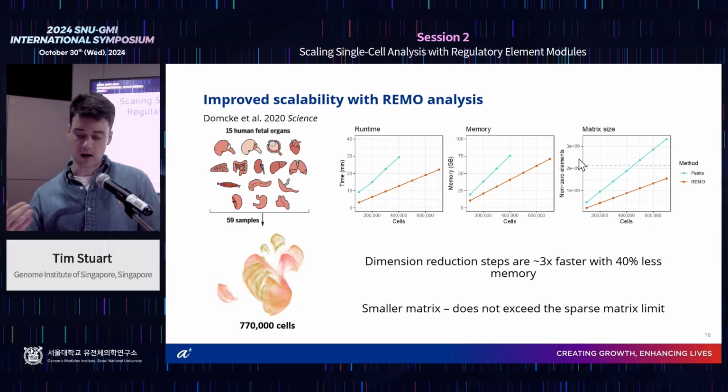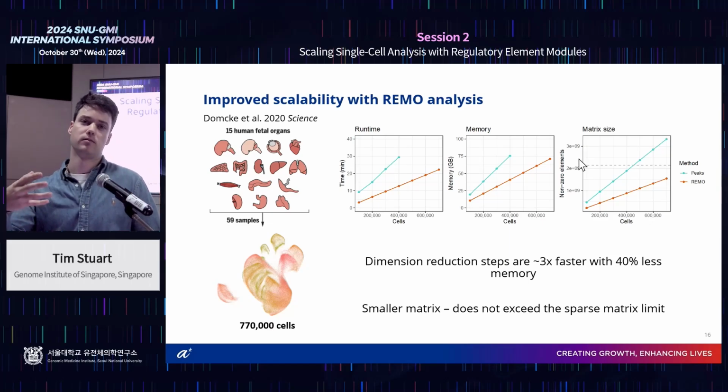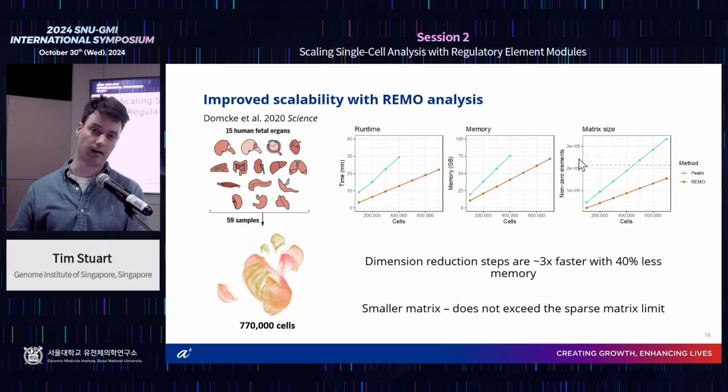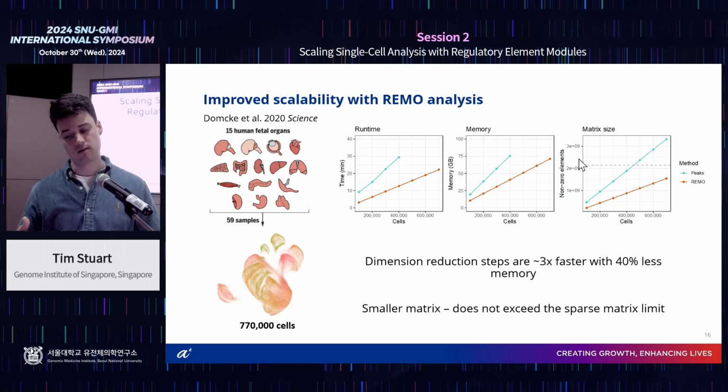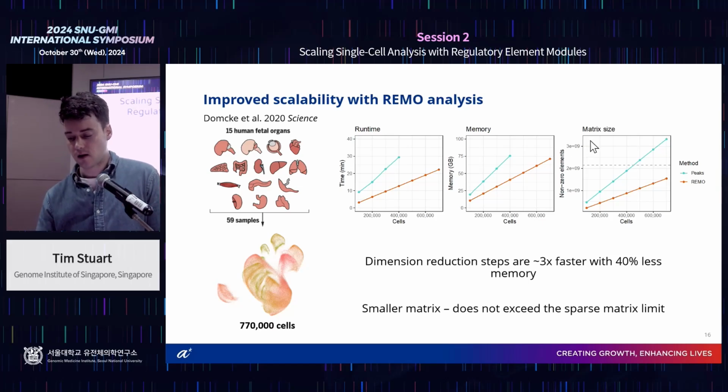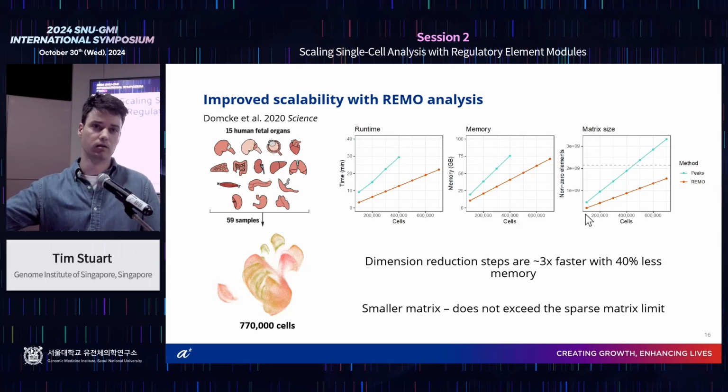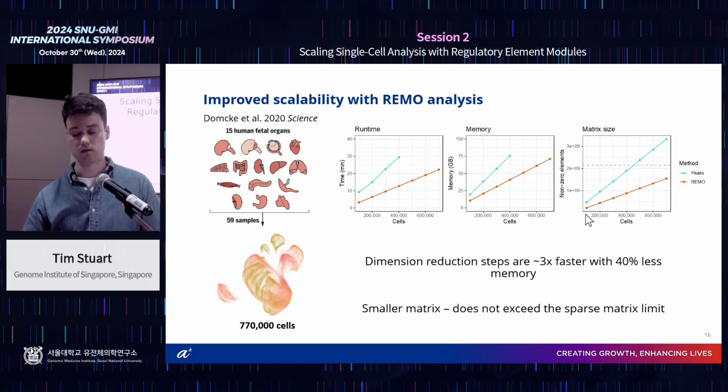And so once you surpass that limit, you can't load the matrix into your R session anymore. So even if you had terabytes of RAM, you really can't do much because you simply can't construct that matrix in memory. When you're using the REMO matrix instead, you can scale to the size of the whole data set quite comfortably without reaching that limit.